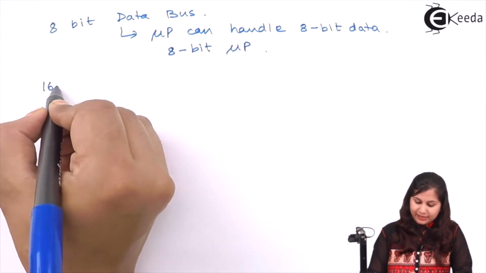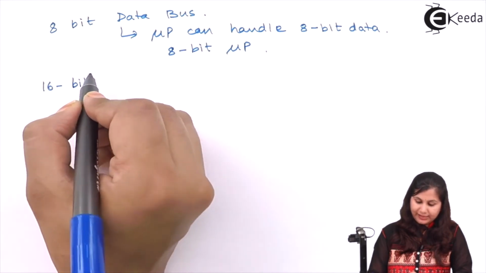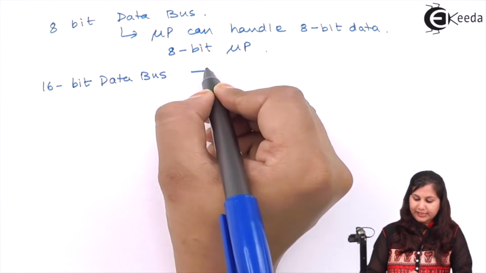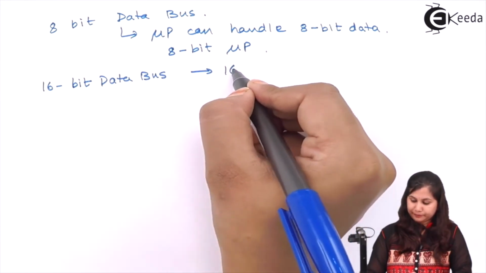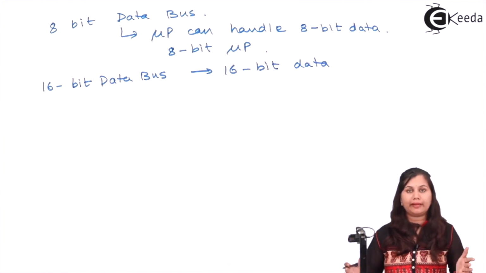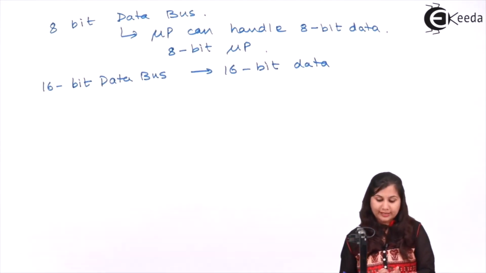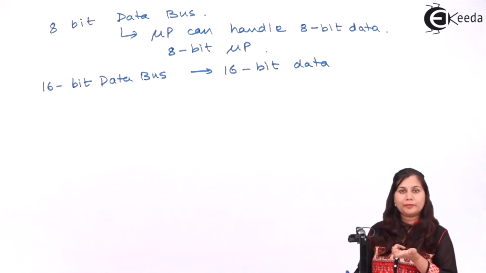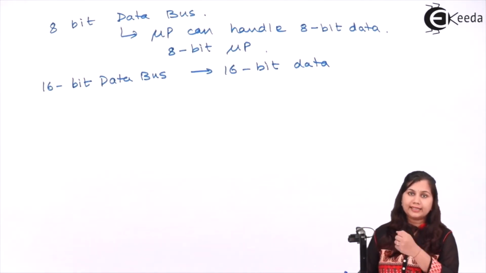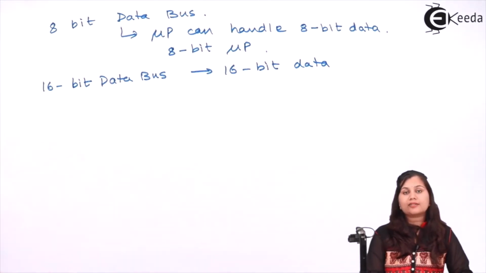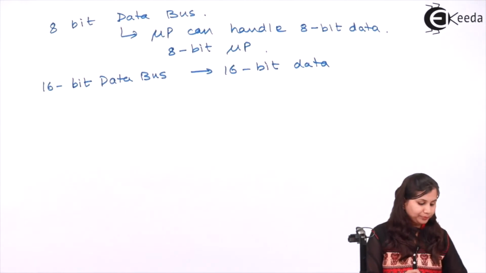Similarly, with a 16-bit data bus it deals with 16-bit data and is called a 16-bit microprocessor. So this was about the buses of the microprocessor.